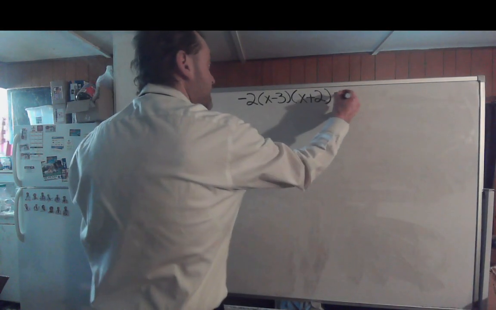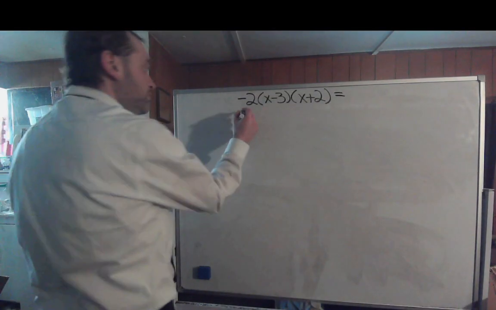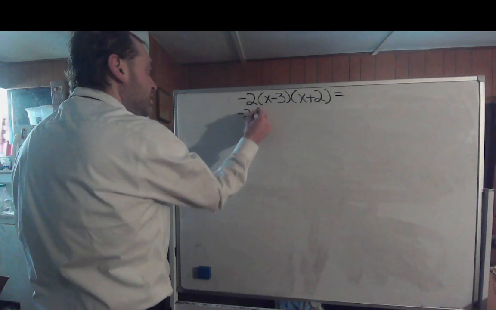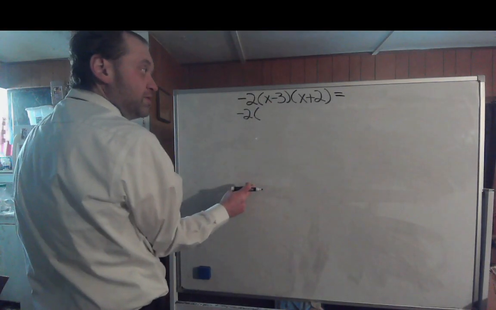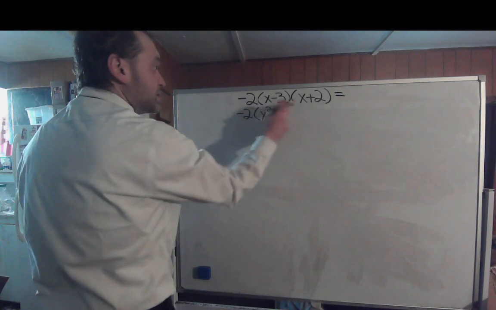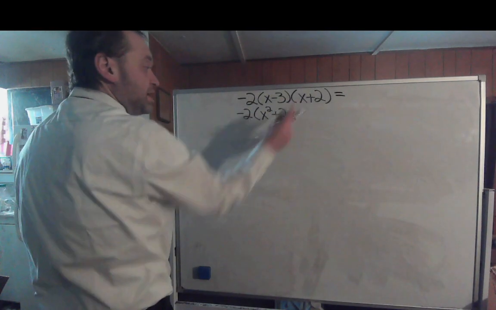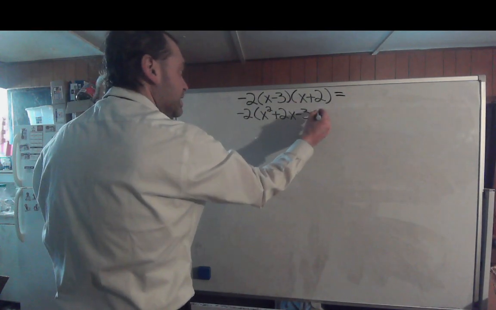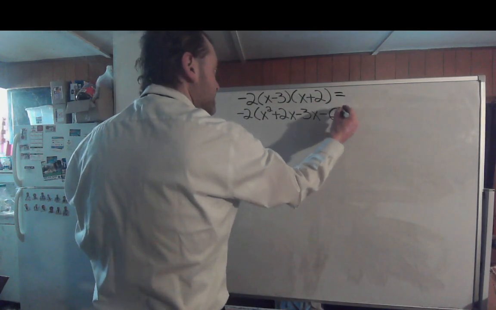Well, again, that negative 2 outside the parentheses, leave that alone for a minute, keep it outside of there, and then FOIL your two parentheses. X times x is going to give you x squared. Then x times 2, that'd be plus 2x. Then negative 3 times x, that'd be minus 3x. And then negative 3 times 2, that'd be minus 6.